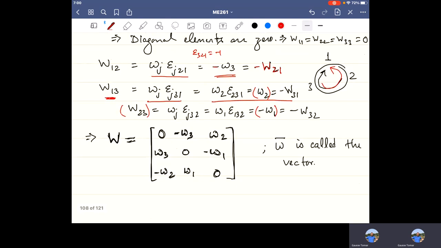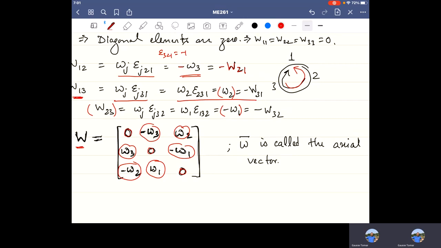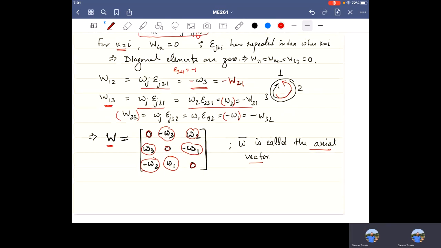And if you put it back in the tensor, you will see that the diagonal entries are all 0, and the off diagonal quantities, 1,2, 1,3, 2,3, and 3,2, are all components of the vector W, and this vector W is called the axial vector. Okay, W is called the axial vector.